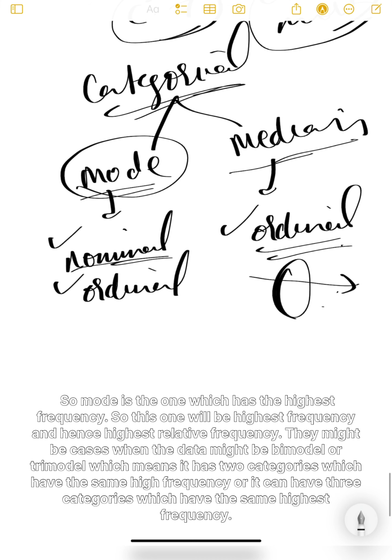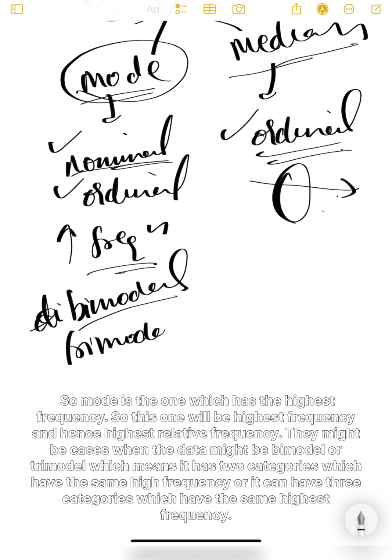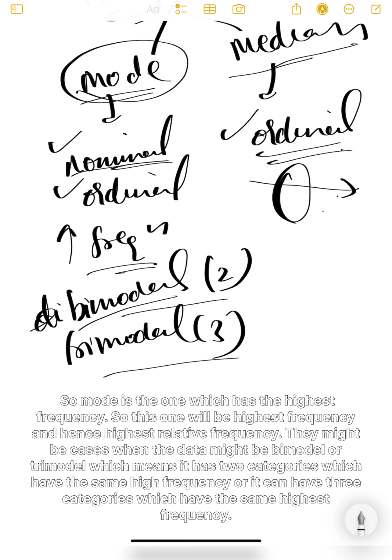So mode is the one which has the highest frequency, and hence the highest relative frequency. There might be cases when the data is bimodal or trimodal, which means it has two categories which have the same highest frequency, or three categories which have the same highest frequency.